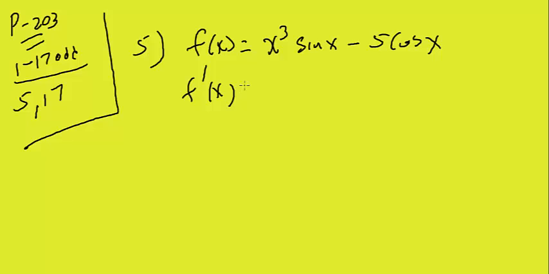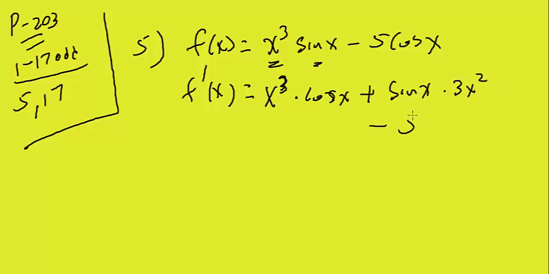Wow, what a novel idea. Here we go. Product rule. First times derivative of the second. What's the derivative of sine? Cosine x. Plus second times derivative of the first. Minus 5 is just a coefficient.